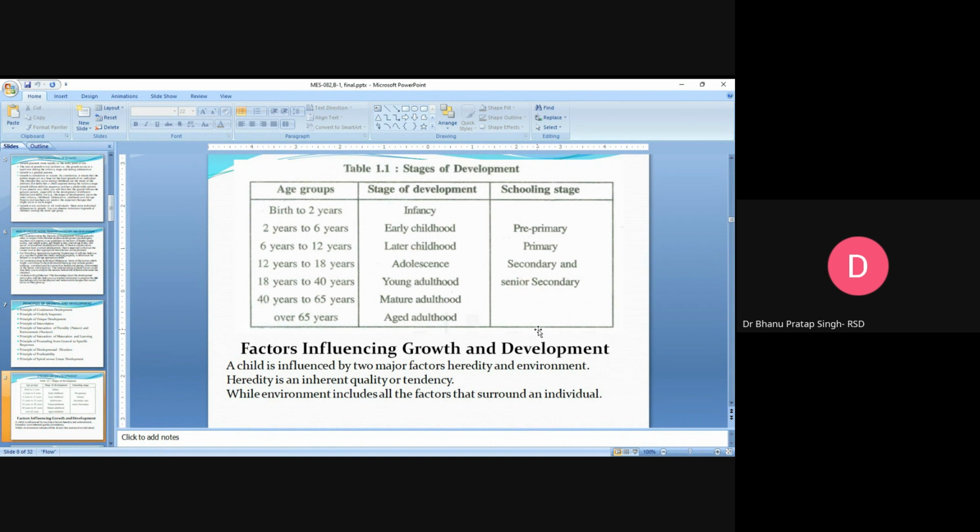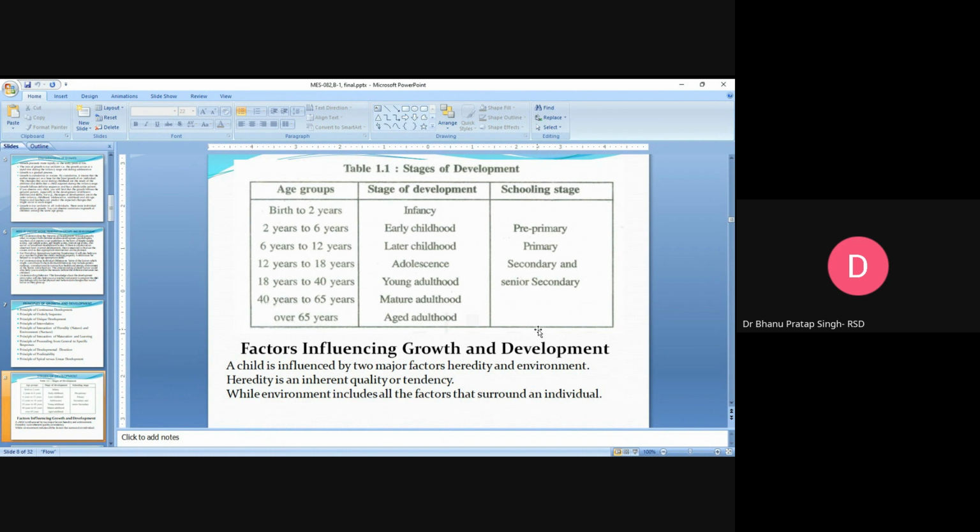And 18 years to 40 years is early adulthood, which comes under tertiary level and higher school. And further 40 years to 65 years is mature adulthood, and over 65 is aged adulthood. So these are the stages of development, and as a teacher we should be aware.